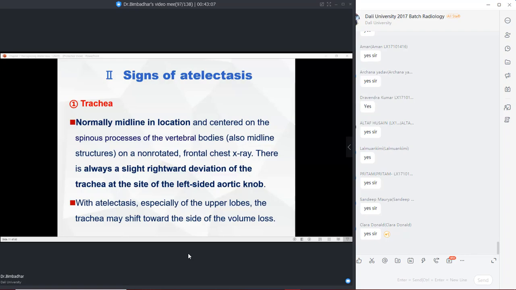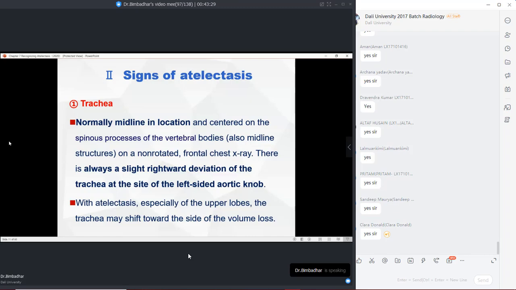Okay. So next, what are we going to look at? First, we will go through every aspect. Trachea is generally present in the midline. It is always centrally positioned. And how can I recognize the trachea?